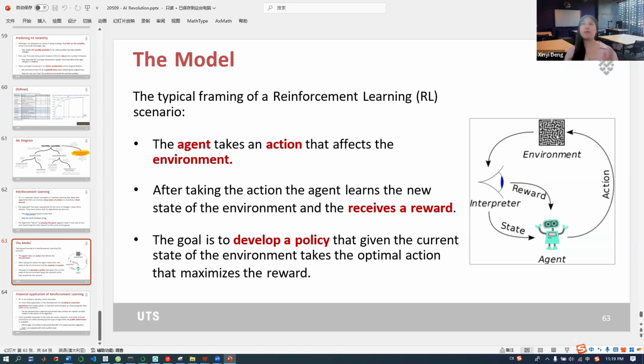So for this current state 1 that we observe, the optimal action is going to be the upward action.